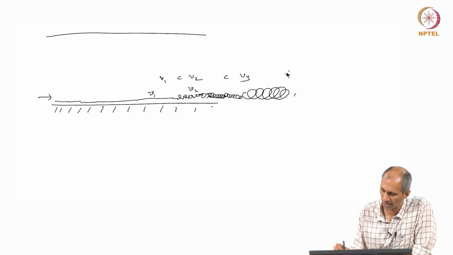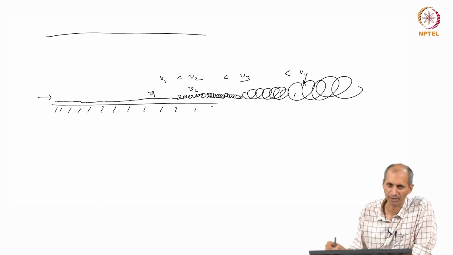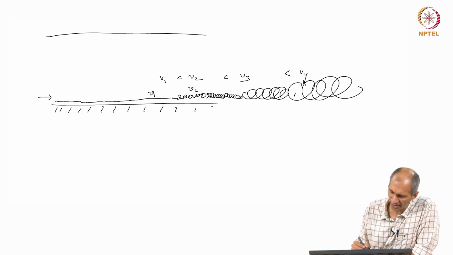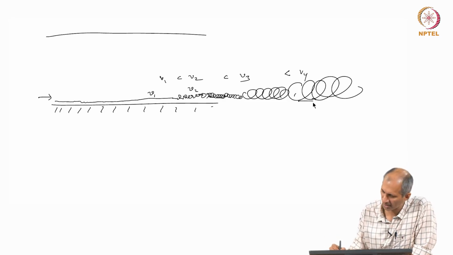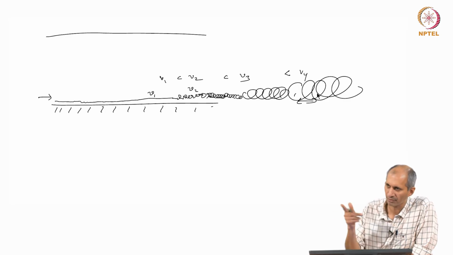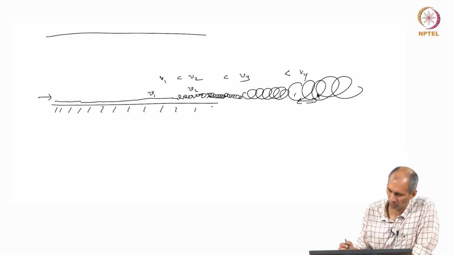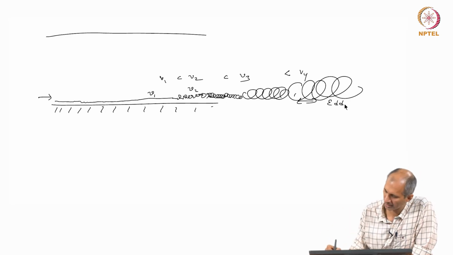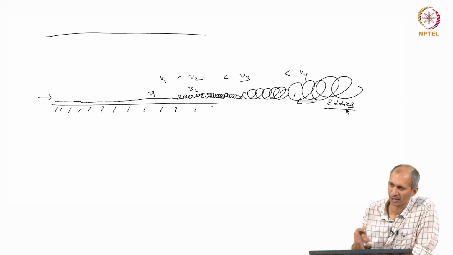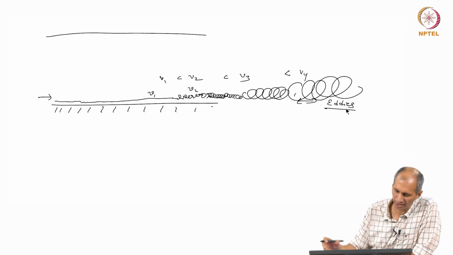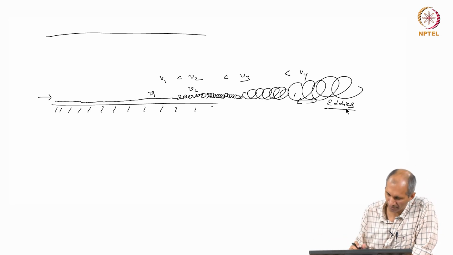If I go to V4, I get really large convections. The scale of convection, the size of these, are known as eddies. The size of these eddies is expected to be larger and larger as the velocity or the flow increases.